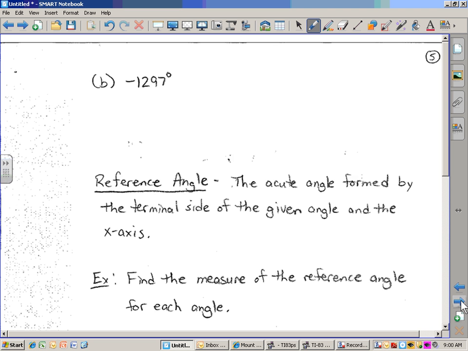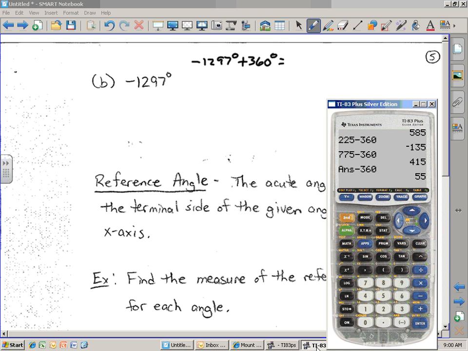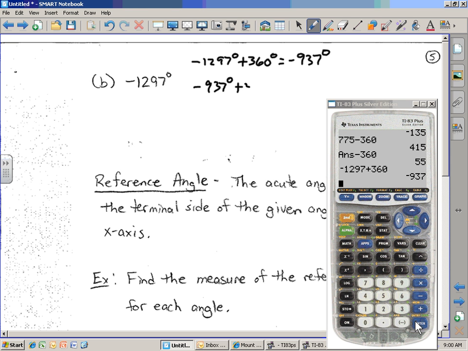Okay, negative 1297 degrees. We need something between 0 and 360, so negative 1297 plus 360. We're going to start adding 360, and we're going to do that until we get to something between 0 and 360. So negative 937. We'll take negative 937 and add 360 again.